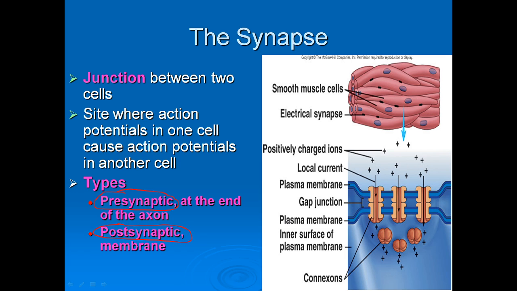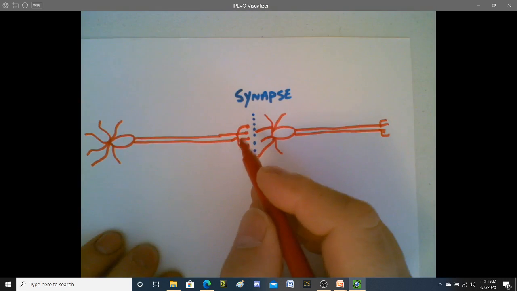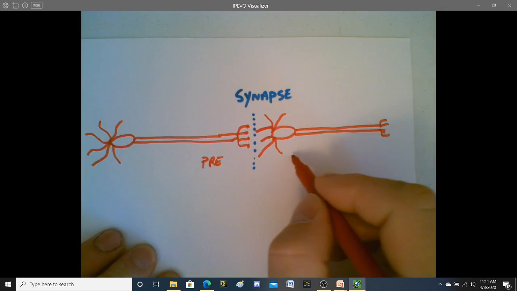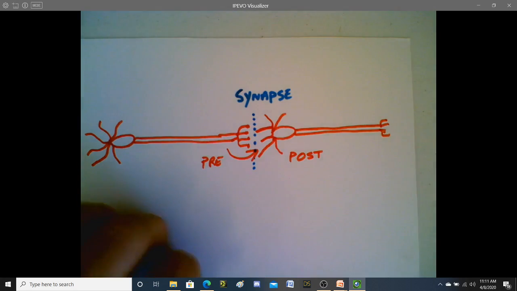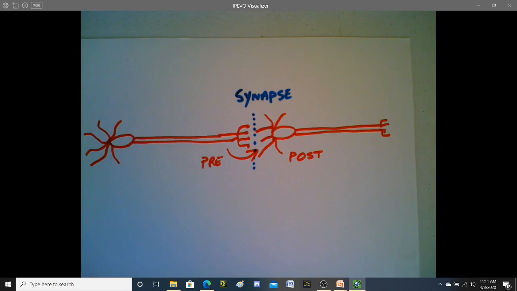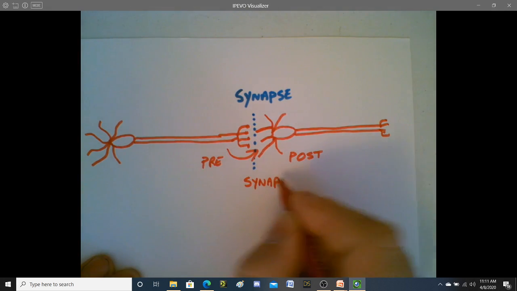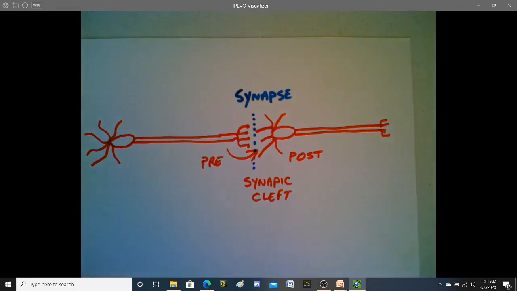If I look at my picture here, this is my presynaptic and this is my postsynaptic. What we've got to do is jump that action potential from the presynaptic membrane across this synaptic cleft, this space, to the postsynaptic membrane. All right, that's what we'll be doing.